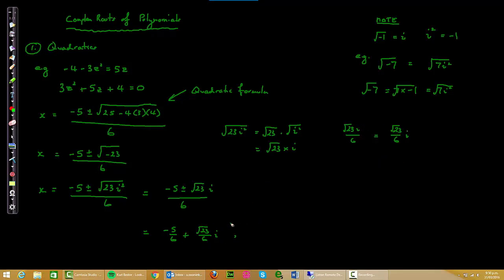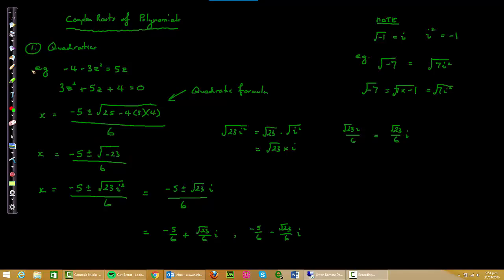And coming back over here, our second solution was negative 5 over 6 minus root 23 over 6 i. Okay, now sometimes with these roots of these numbers, you can simplify that into a simpler surd, and you do end up with some cancellation happening sometimes, but not in this case.